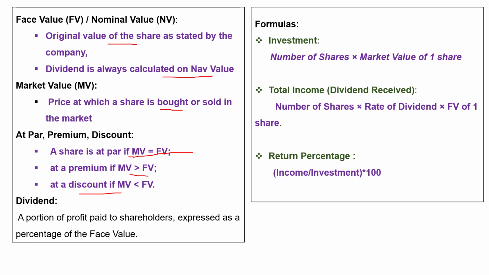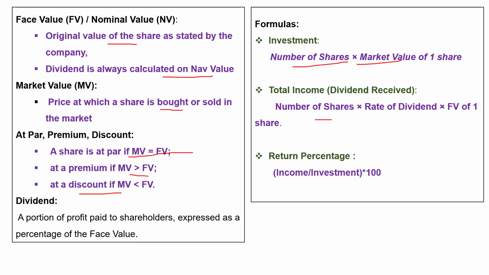Now what is investment? It's the number of shares we purchase and what is the market value of one share. We purchase shares at the market value. So what is our investment? Number of shares into market value of one share. What is the income or dividend received?